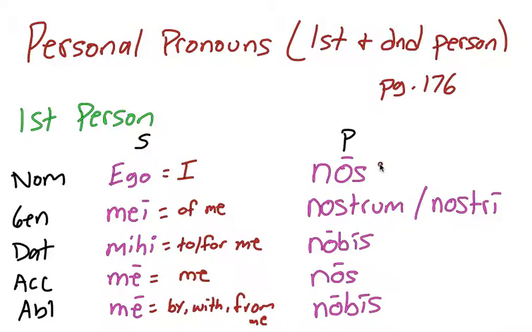Okay, nos, the plural, the subject is we. The genitive nostrum or nostri is going to be of us. Dative nobis would be to or for us. Nos, the accusative, is us. So it's important to distinguish between the nominative nos, the subject, and the accusative nos, the direct object.